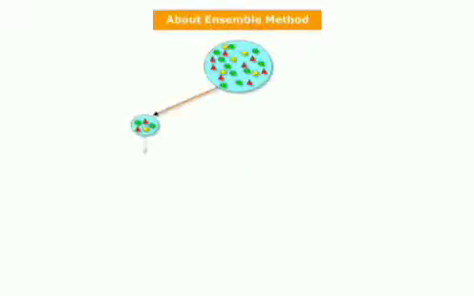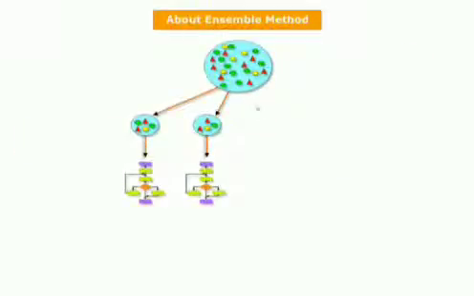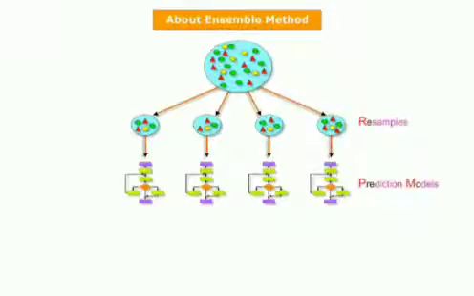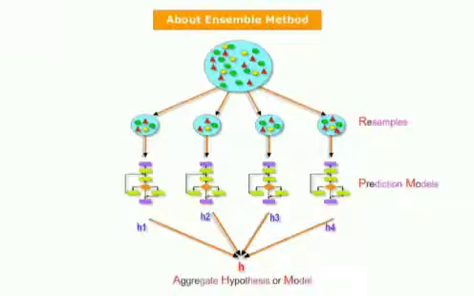Ensemble methods or learners optimize the hypothesis finding problem by employing an array of individual prediction models and then combining them to form an aggregate hypothesis or model. These methods provide a technique for generating a better hypothesis by combining multiple hypotheses into one.